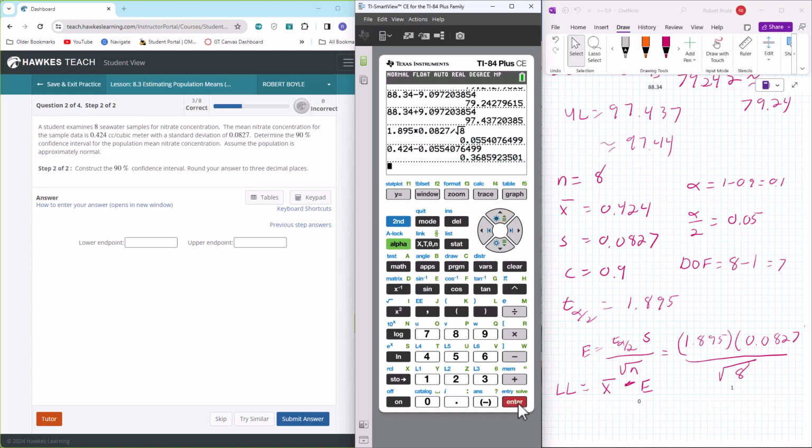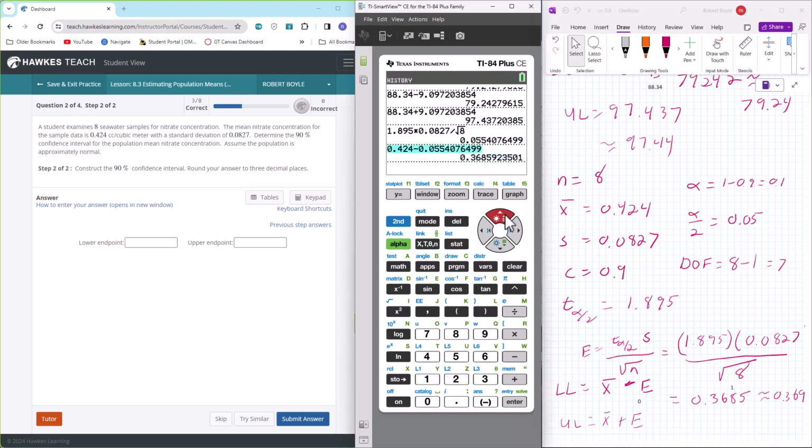That gives me, we went to 3 decimal places, so that gives me 0.3685, which is going to round to 0.369. And then for our upper limit, is going to be x bar, our sample mean, plus e. In other words, we can just come up here.